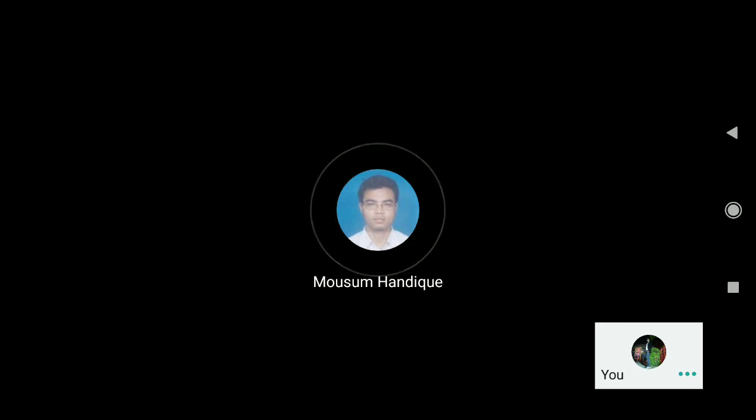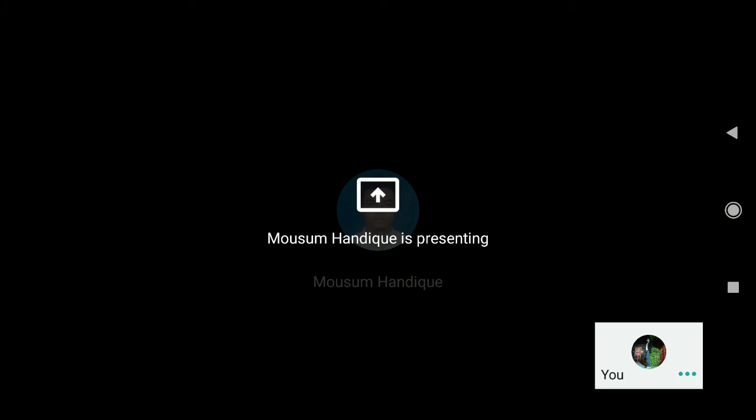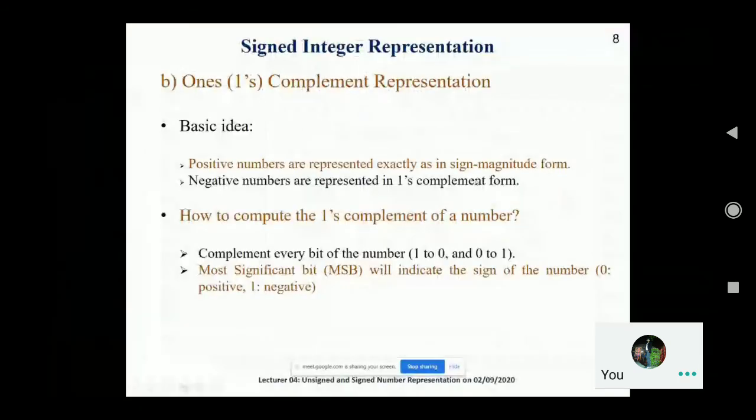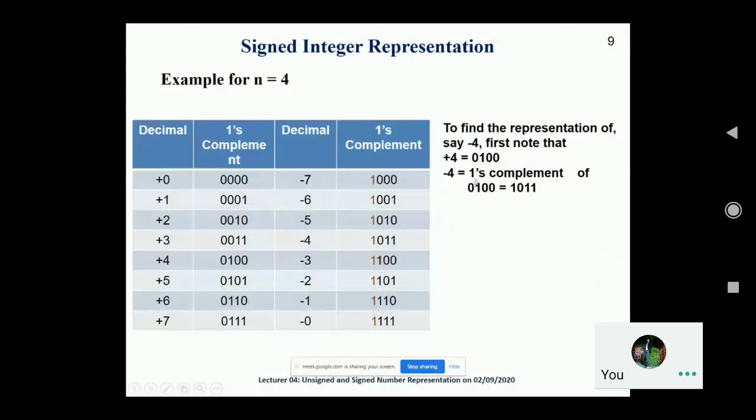Just a minute. Stop sharing, and directly I am going to the Google Meet. See here, in this particular table I have already mentioned, when we are using 4 bits, what is the range?